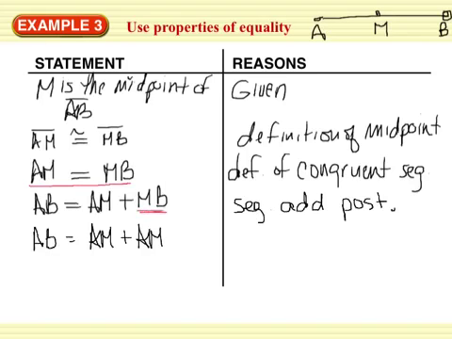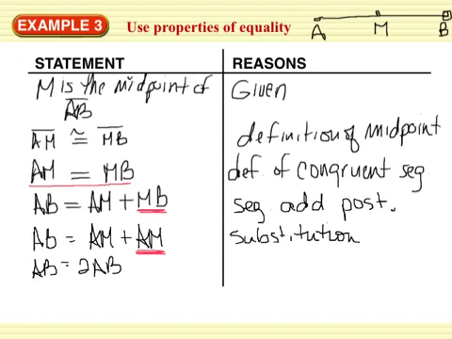So I take this MB and I make it an AM because of substitution. Cool. Now I know that AB is equal to 2 AM. Okay, that's just simplifying. The book calls it distribution. I would accept either one. Distribution.